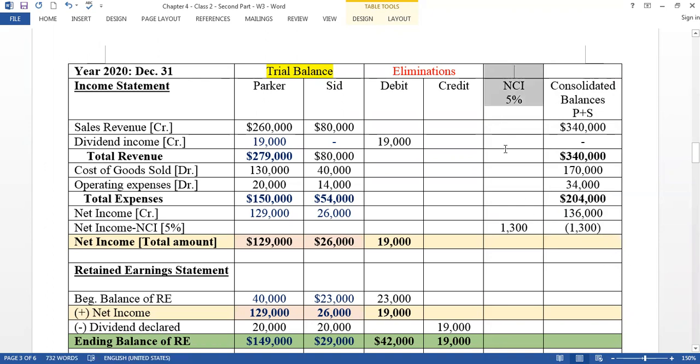Because this is a totally individual column, and this is the consolidated only P plus S. Here we should show only P plus S, no non-controlling interest. If any non-controlling interest amount is included, we have to deduct it. So this 1,300 is included here, right? So we deducted it because this column is only for parent and subsidiary, not for non-controlling interest.